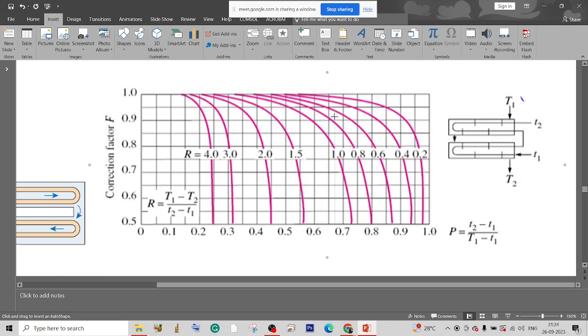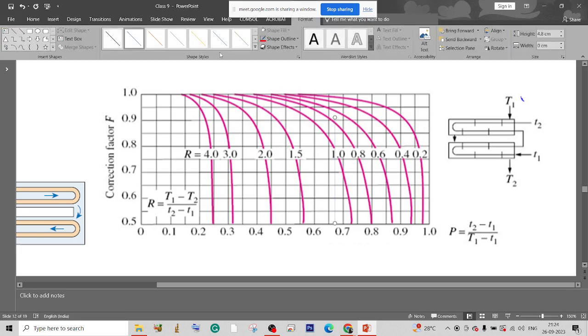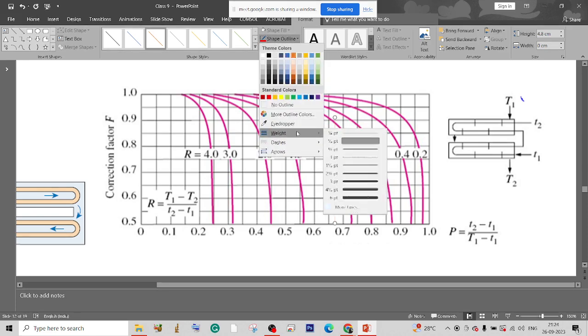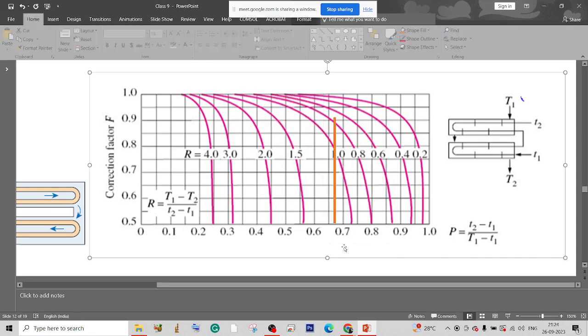So this will come out to be a point here. Let me increase the weight. So this will come out to be 0.91.